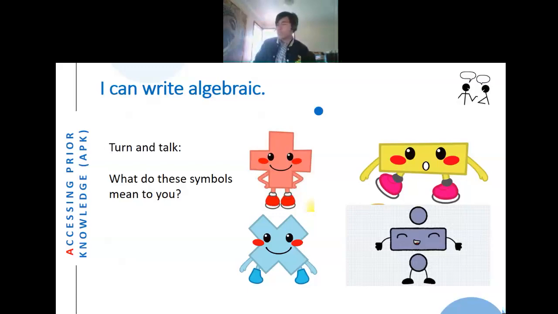So what does it mean by addition? What does it mean by subtraction? And multiplication and division. So emphasize adding numbers. Okay. So in terms of adding things together and taking them away, yeah.